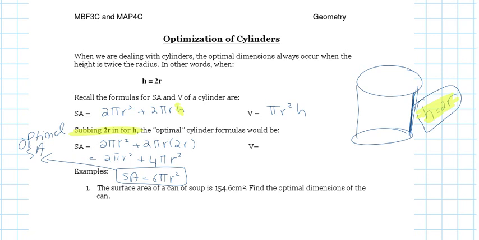And that would simplify to 2 pi r cubed. And that's going to be the formula we're going to use for the optimal volume of a cylinder.